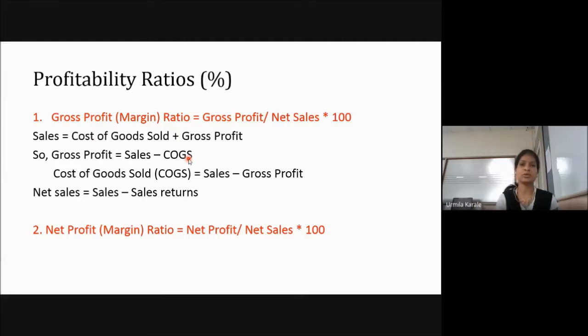So out of this 10 lakh rupees cost, we are subtracting 2 lakh rupees. Then the actual cost of the goods which you have sold is only 8 lakh. Then what will be the formula of cost of goods sold? Opening stock plus purchases plus direct expenses, manufacturing related and all, less closing stock. When we talk about net sales, we are subtracting the sales return.